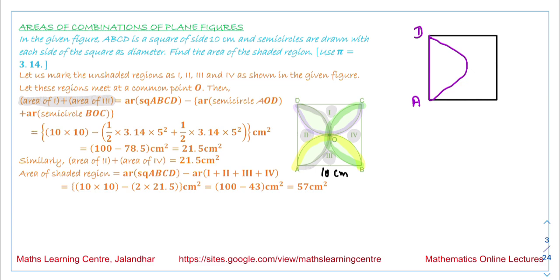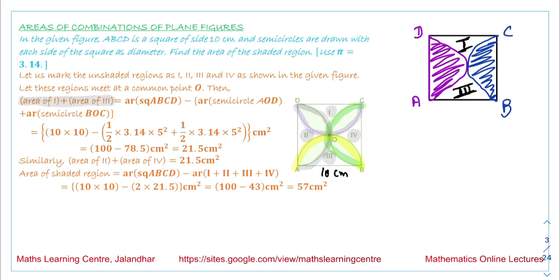And if we draw the semicircle about the diameter BC, this is the semicircle we are drawing. We have marked these portions. This portion we have marked as 1 and this portion we have marked as 3.